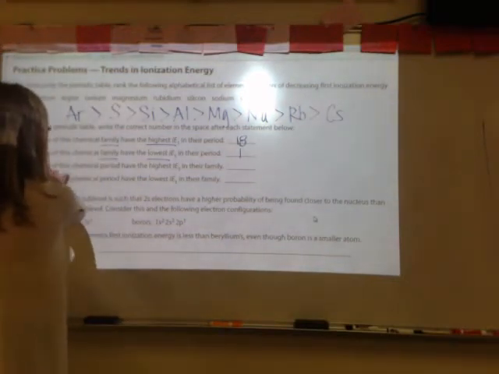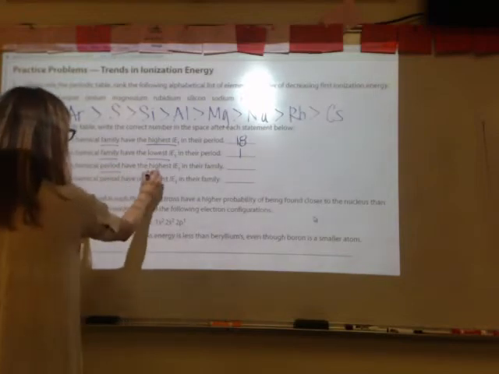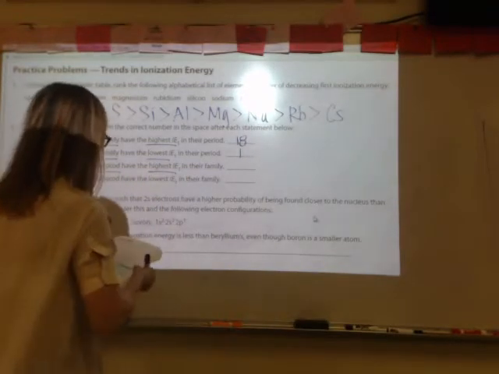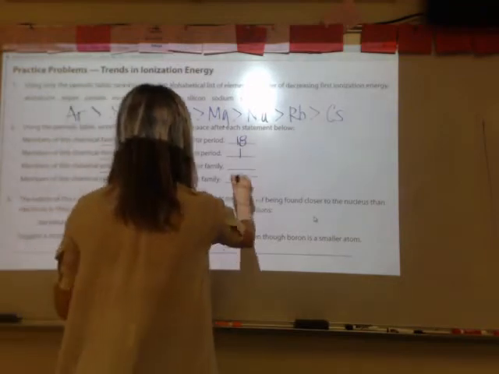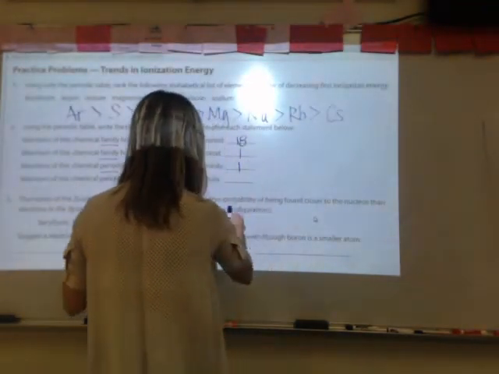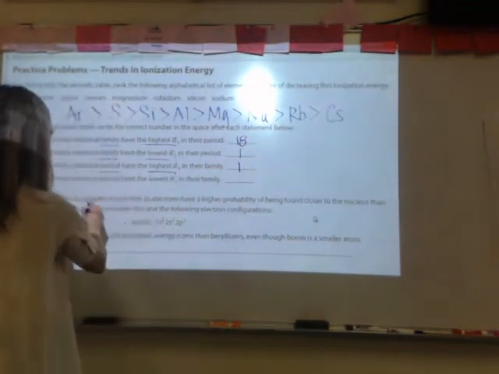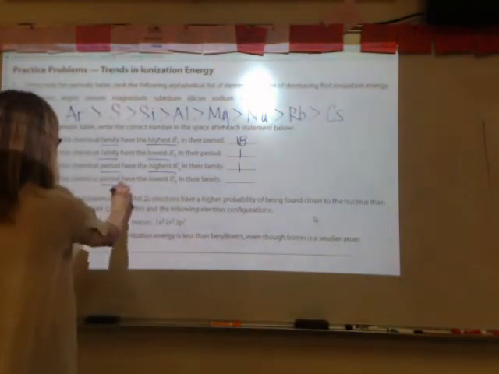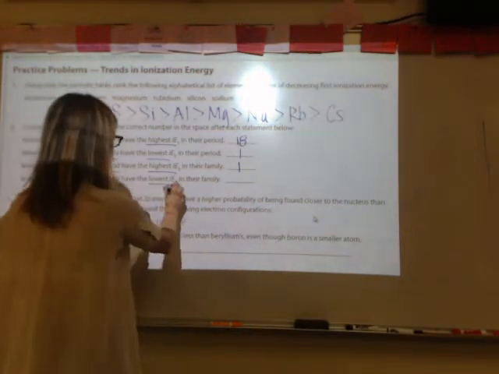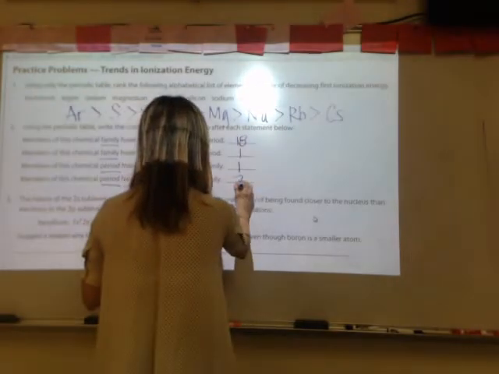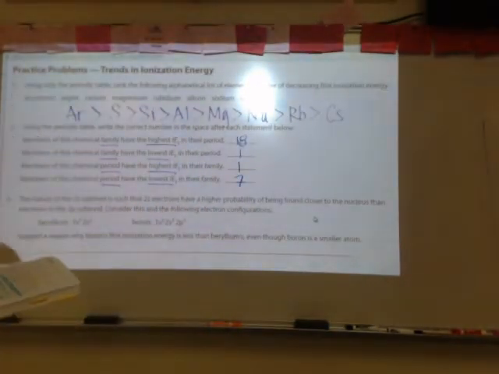The last one, members of this chemical period have the highest first ionization energy in their family. That would be the first one. This is the uppermost period of a family. Last one, members of this chemical period have the lowest first ionization energy in their family. That would be number 7.